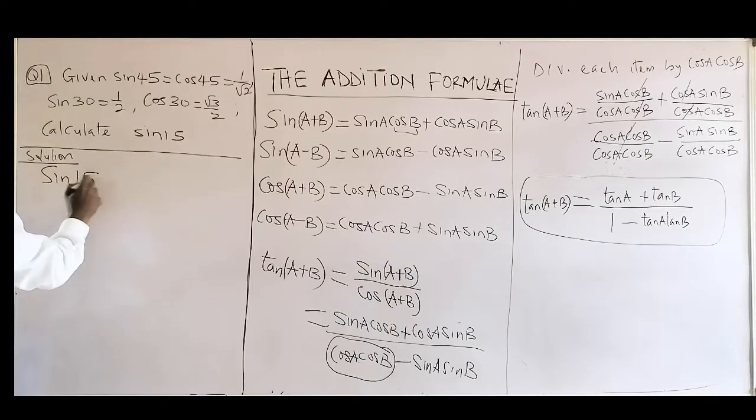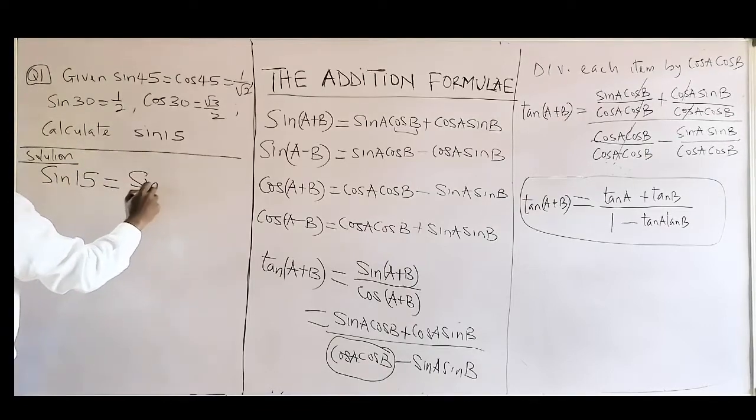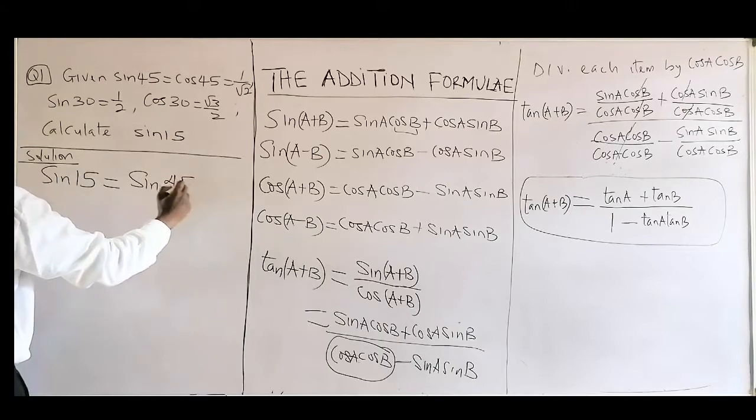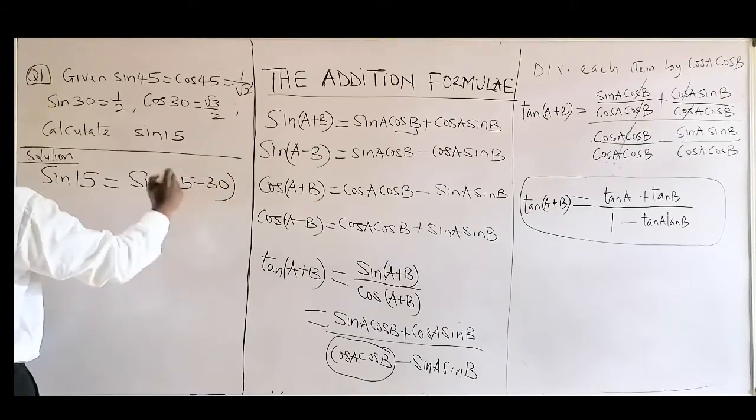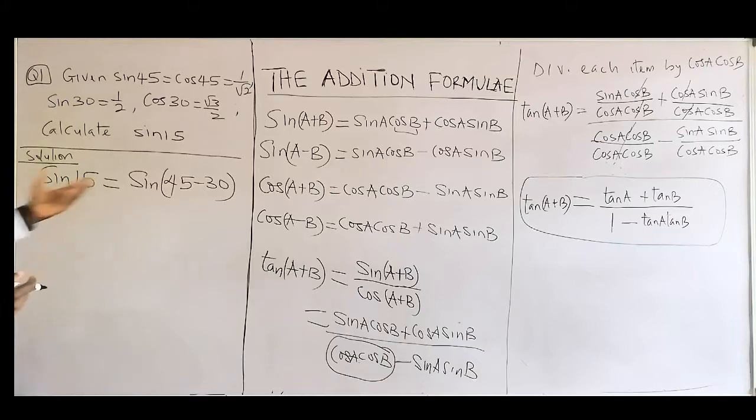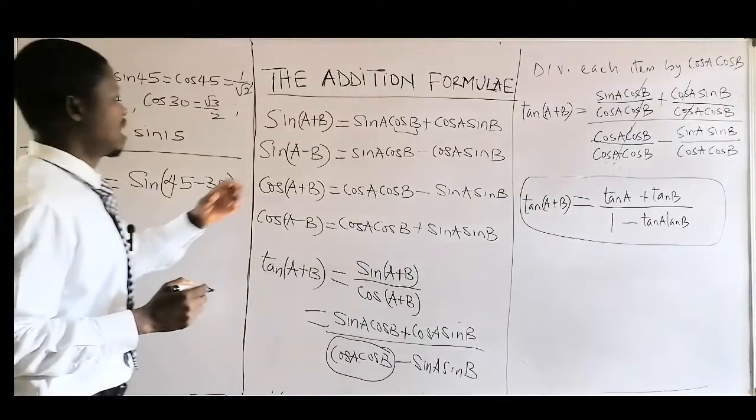Sine 15 will be equal to sine of those two angles given, 45 minus 30. If you do the subtraction of those two angles, you will have 15. Can we apply our addition formulae?